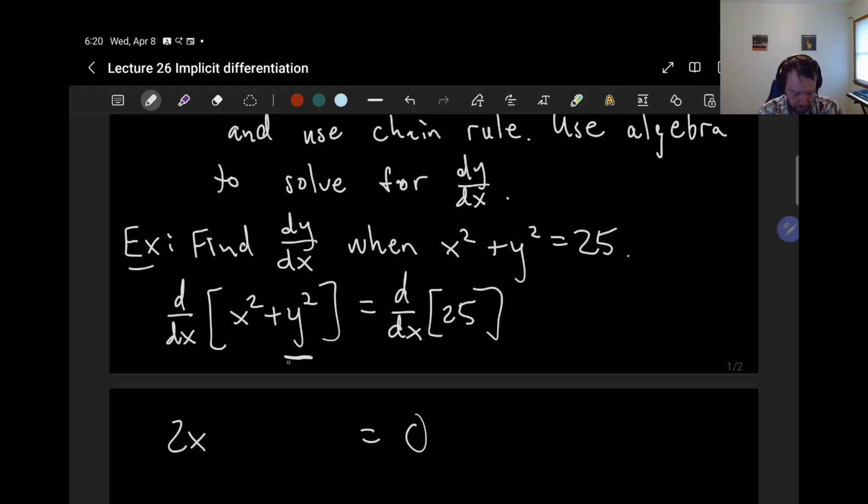Well, y does depend on x. It's just not super explicit. So we think of this as a function of x, even if it may not quite literally be a function, but close enough.